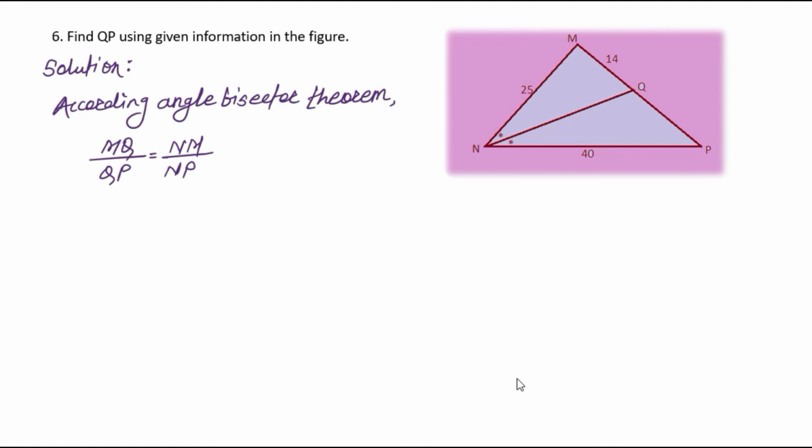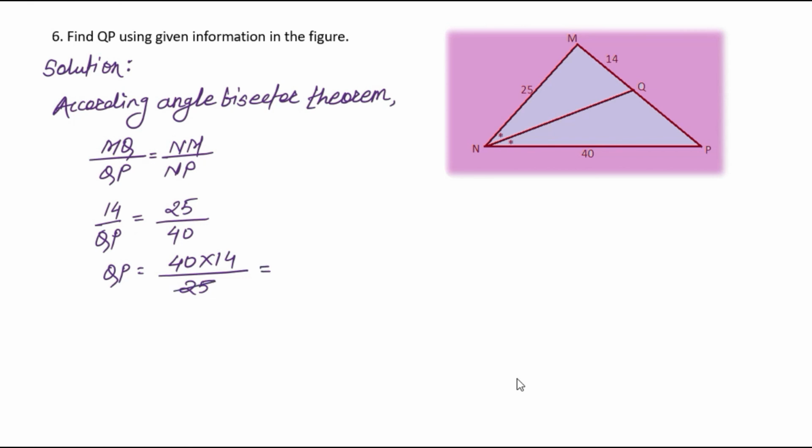Otherwise it is okay. So MQ upon QP. MQ is how much? It is 14 upon QP is equal to NM is 25 and NP is equal to 40. Therefore, QP is equal to 40 into 14 upon 25. QP comes out here, 40 goes there, and 25 comes out here.